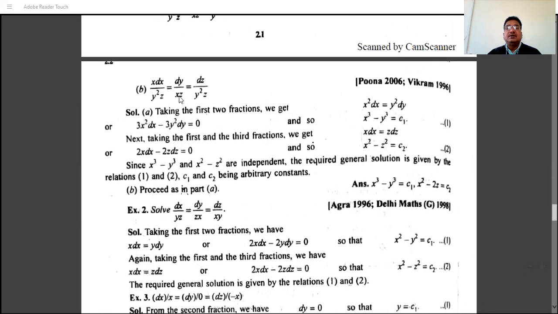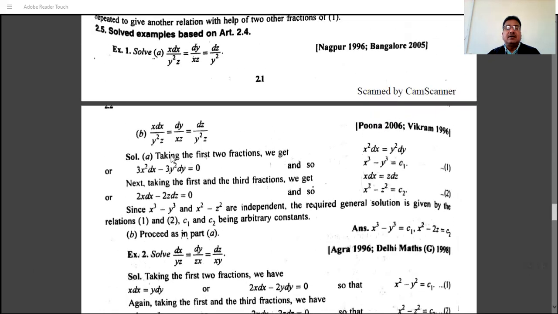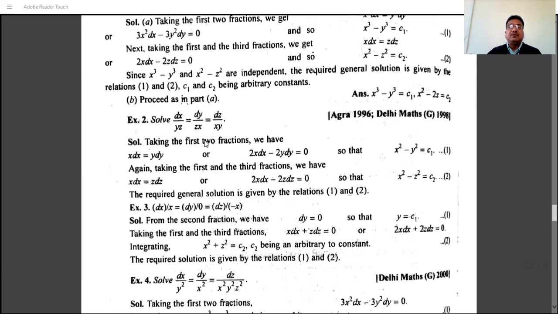So while writing this problem in your notebook, write the answer of this problem by our regular method, that is, taking two fractions in place, we take this is equal to this. Okay, similar example: dx divided by y into z, dy divided by z into x, dz divided by x into y.